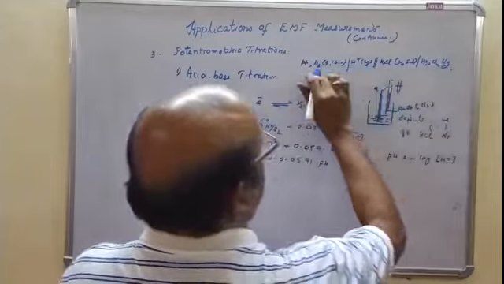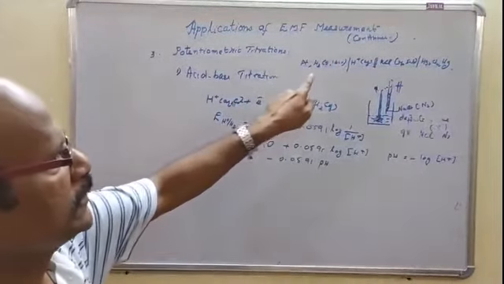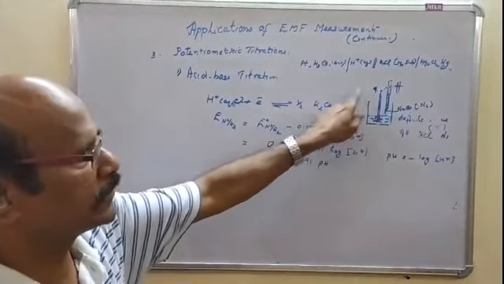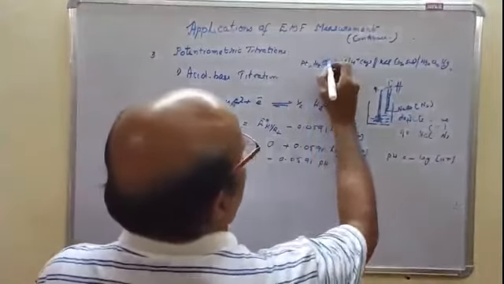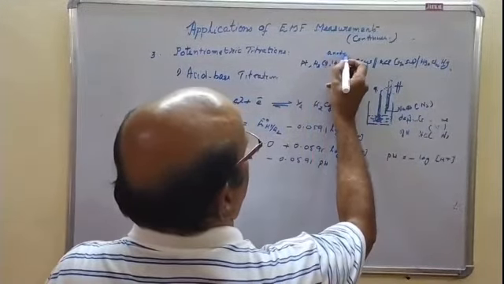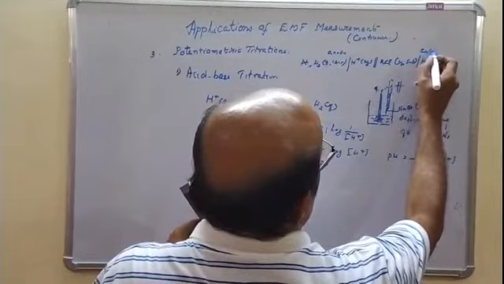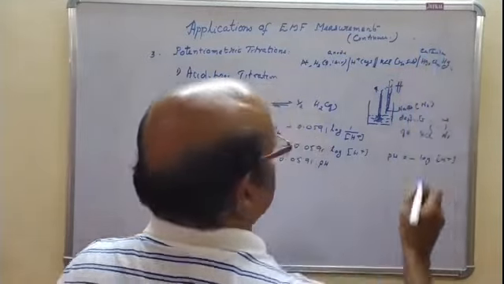This is the cell assembly. So this is the indicator electrode, the hydrogen gas electrode or glass electrode, which is acting as the anode, and the calomel electrode acting as the cathode.